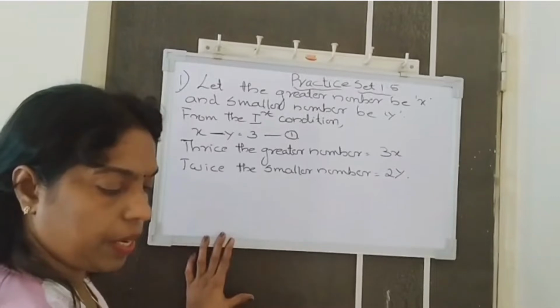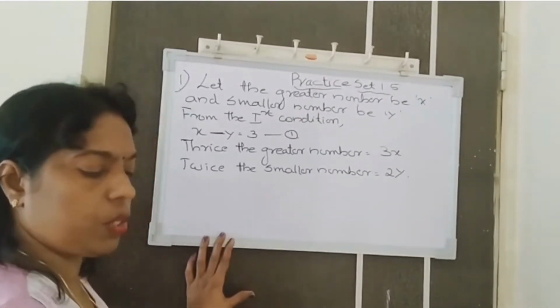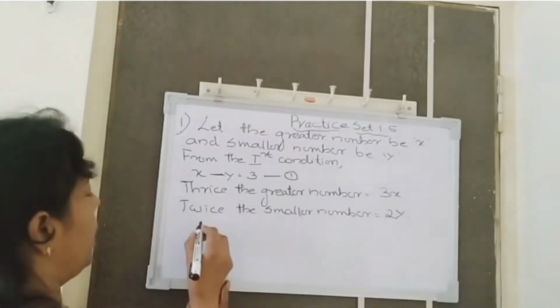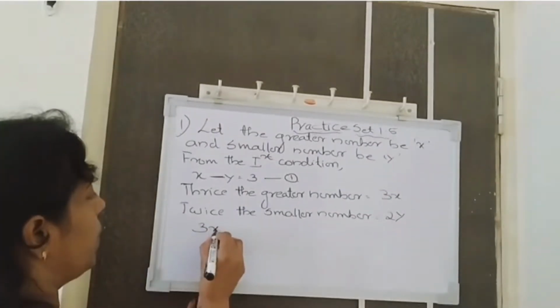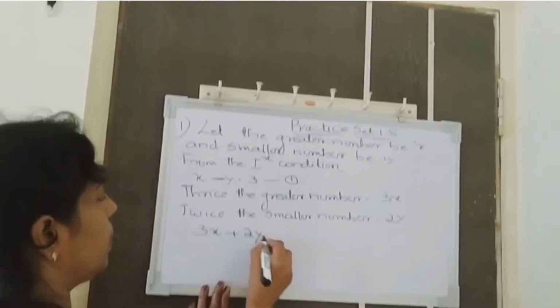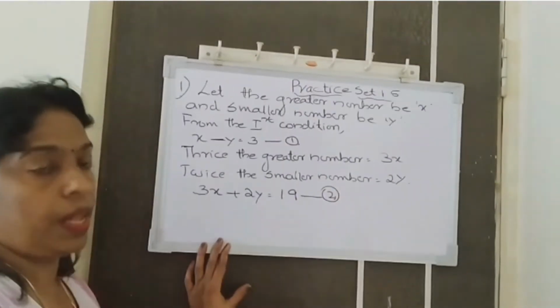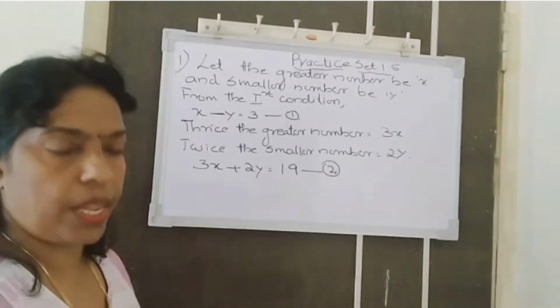Then the second condition is the sum of twice the smaller number and thrice the greater number is 19. Therefore 3x plus 2y equal to 19. This is the second equation. Then we want to find x and y.